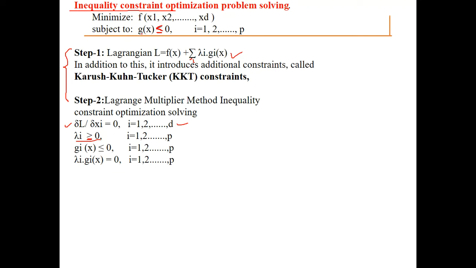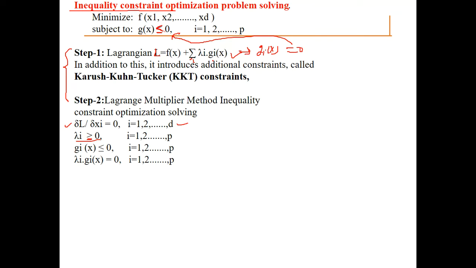and as the constraints here are less than or equal to 0, we cannot differentiate this equation with respect to lambda. Why? If you differentiate with respect to lambda I and equate to 0, you will get g_i(x) equal to 0, but it will contradict the constraint.